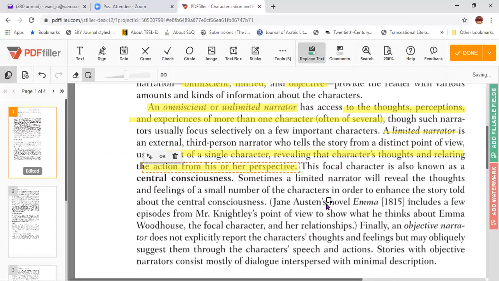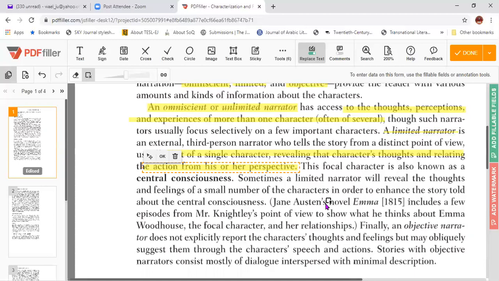So simply the difference between an omniscient or unlimited narrator and the limited narrator is that the omniscient narrator has access to the thoughts, perceptions, and experiences of more than one character, several characters. But the limited narrator has access to only one single character.